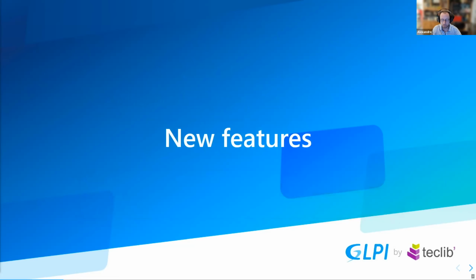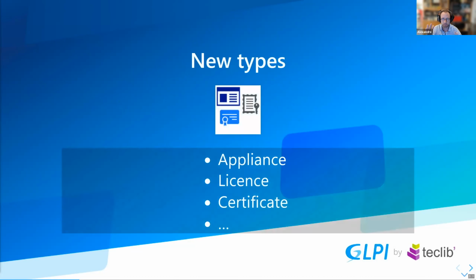We have some new features directly in GLPI relative to the inventory. With this native inventory, we now support existing types, and you can now send inventory for types like appliance, license, certificate. In fact, almost all the data you find in the management menu can be sent to the native inventory API and will be managed by the system.